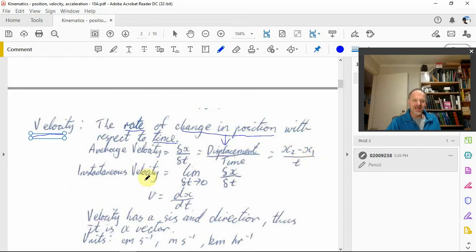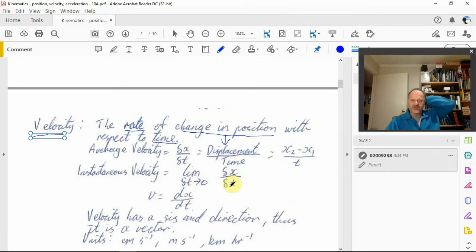Now, instantaneous velocity, as opposed to the average, is given by this expression here. It's the limit as delta t tends towards 0 of delta x on delta t. So you make this time span smaller and smaller, and you get to the velocity.